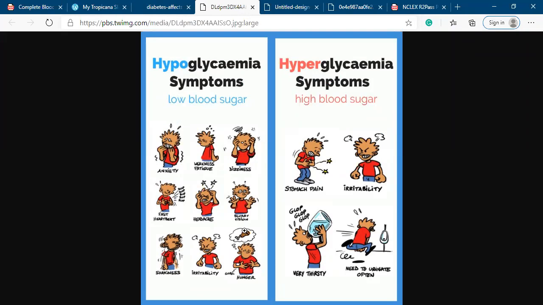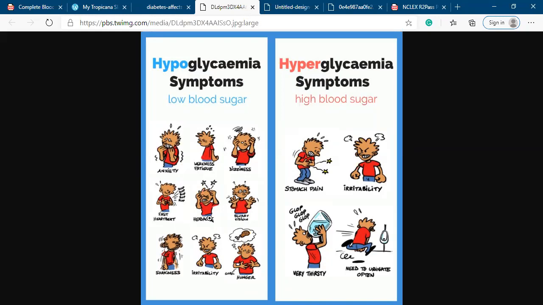What are the signs and symptoms? This is one funny picture I left. It can help you. Some of the students like it. It is easy to remember. So the symptoms of hypoglycemia: the patient feels hunger, irritability, also body shaking.